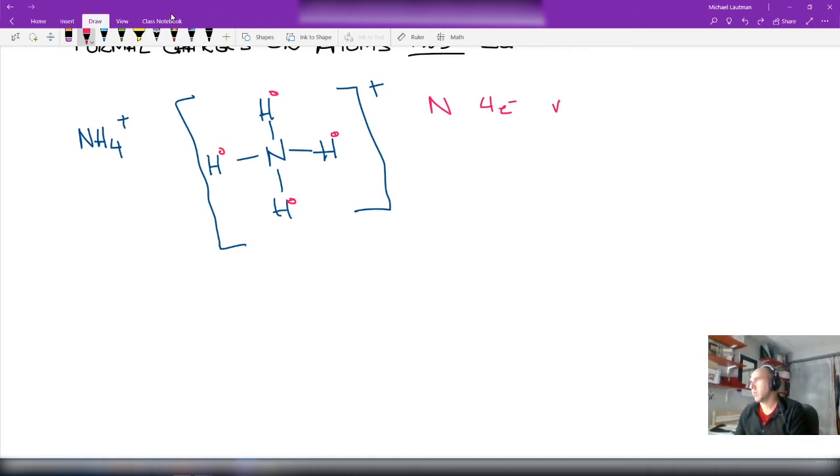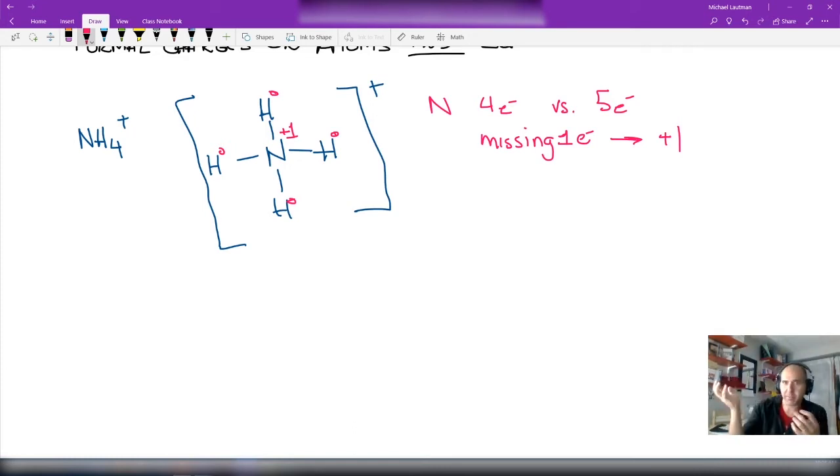So if I compare that to 5 electrons, it's missing 1. So it should have a charge of +1. So the formal charge of the nitrogen atom is +1. Yes, the whole thing is positively charged, but the positive charge in this case is actually on the nitrogen atom. It's the nitrogen atom that is positively charged.